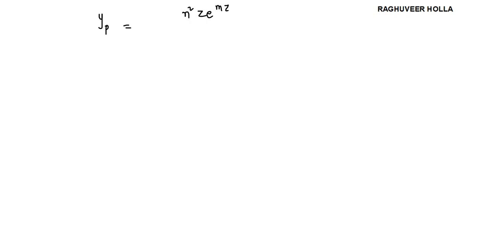This whole thing divides by d1 square minus 2m d1 plus m square plus n square. Let me write that clearly.